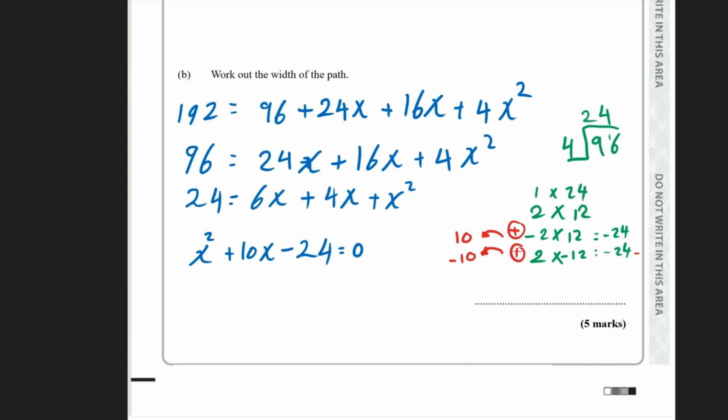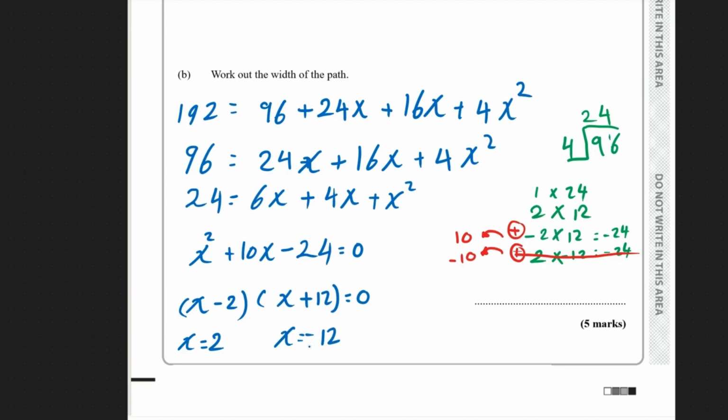So this one doesn't work. I take minus 2 and 12. So it would be x minus 2 and x plus 12 equals 0. If we solve it, x minus 2 equals 0, bring minus 2 over to the other side as plus, so x equals 2, and for x plus 12, if we bring 12 to the other side, it becomes minus 12, so x equals minus 12.